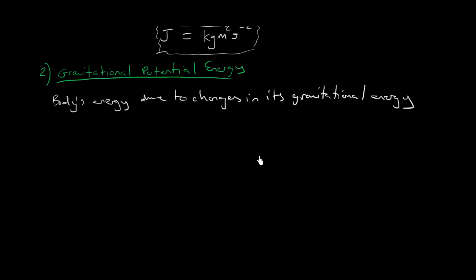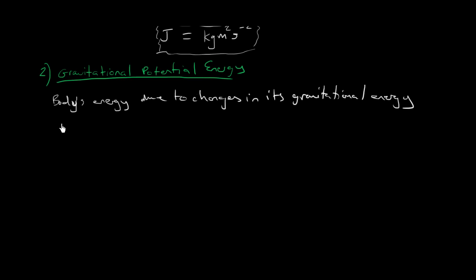And this is normally seen as a calculation. The one we're going to use is normally used for distances close to the Earth's surface. So a body is changing height, really. So the body's energy due to changes in its height is another way of saying it.